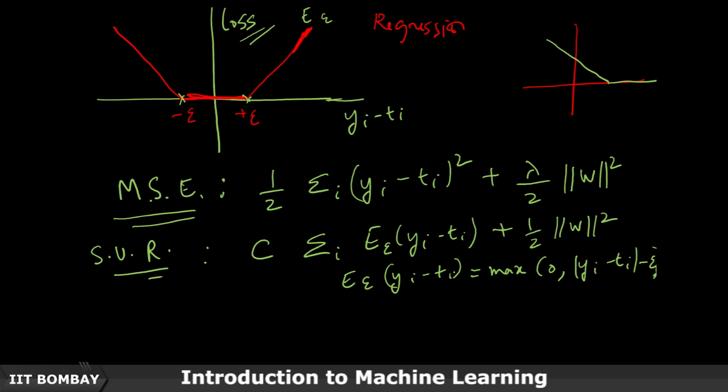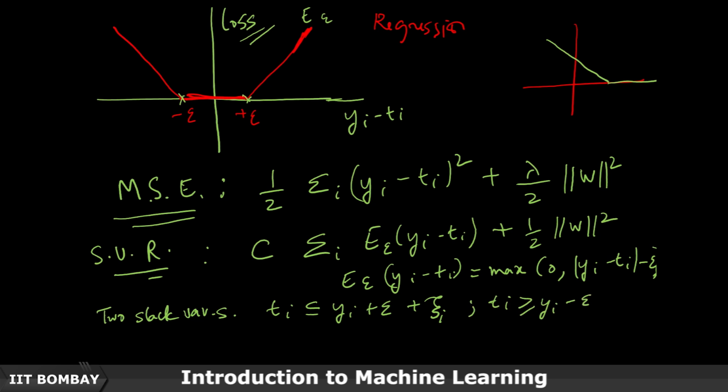All right. So now we have two slack variables. One will be xi, the other will be xi hat. So basically what you will have is ti is less than or equal to yi plus epsilon plus the first slack variable xi, and we will have ti greater than or equal to yi minus epsilon minus xi hat of i.